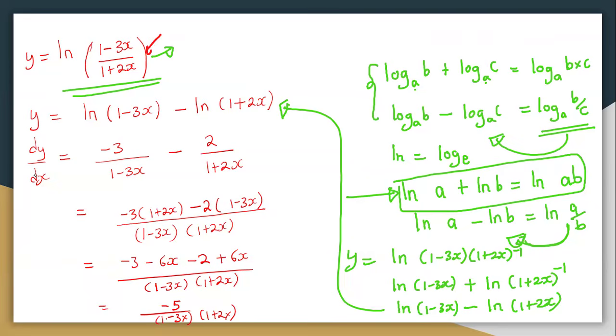Mostly in natural logs, you'll find some pattern. Like here you have 1 minus 3x, and in your answer, you have 1 minus 3x. You have 1 plus 2x, and you have 1 plus 2x. So you better leave it in that format without multiplying. So Melissa, check out even how you have opened the brackets here. Remember, when you are opening up the brackets, this is not a difference of two squares. So you multiply very, very well.